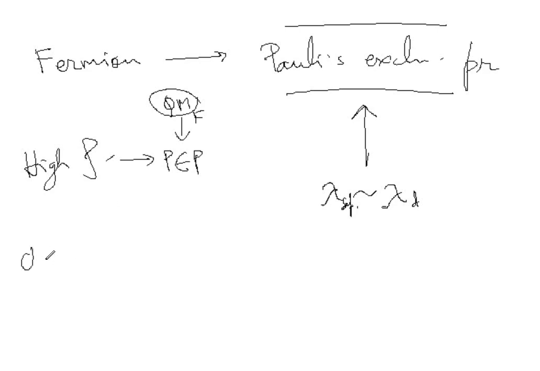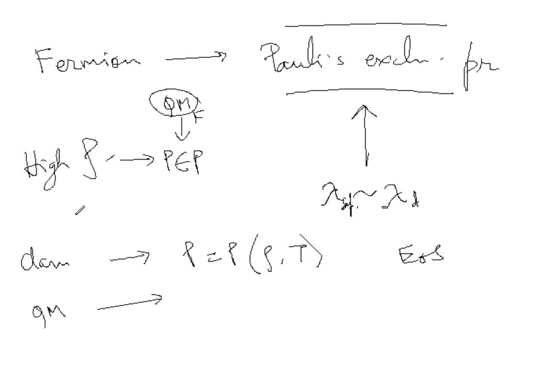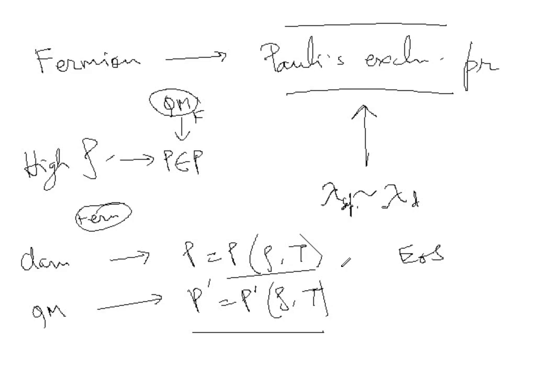When we have classical behavior, we have one relationship between pressure, density and temperature, so a different EOS. But in the quantum regime, I am talking about fermions right now, the way the equation of state changes, and the reason is Pauli's exclusion principle.